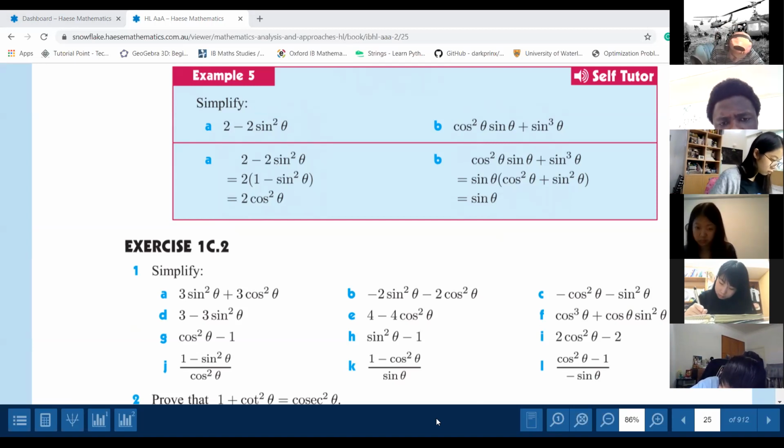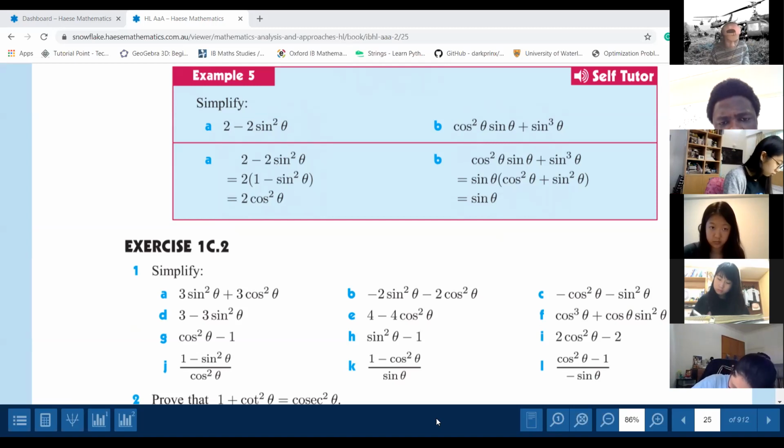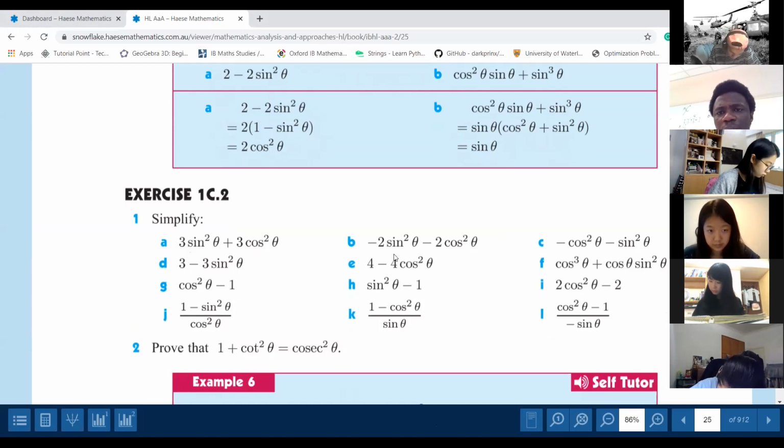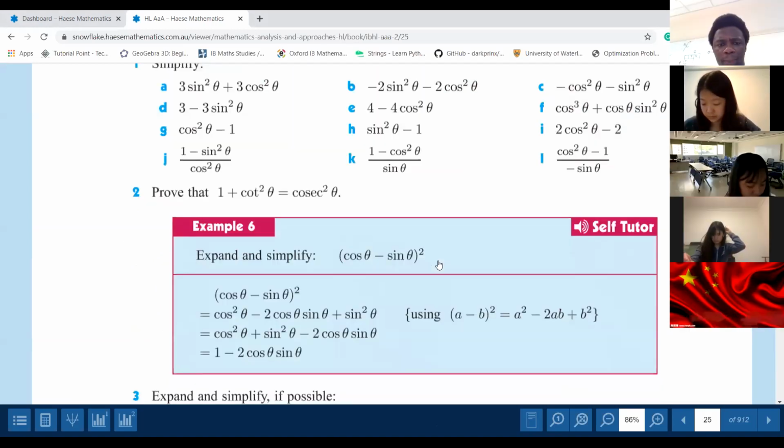Oh, wait, so one of you is wrong. I think it's Krista. Let's check the last one. Positive. Yeah, it's positive. You indicated the minus, so just the positive. Perfect. Good job.